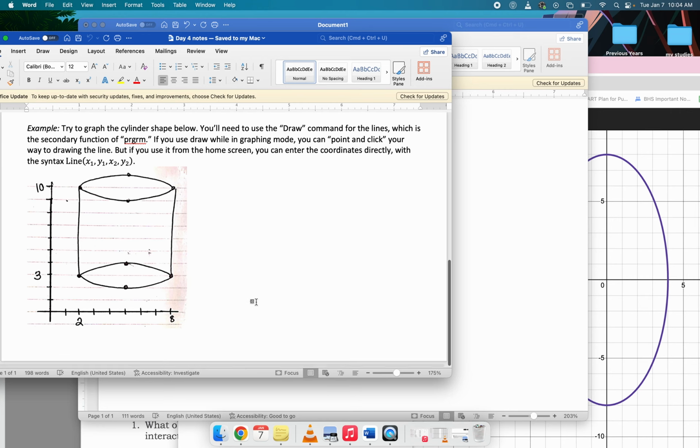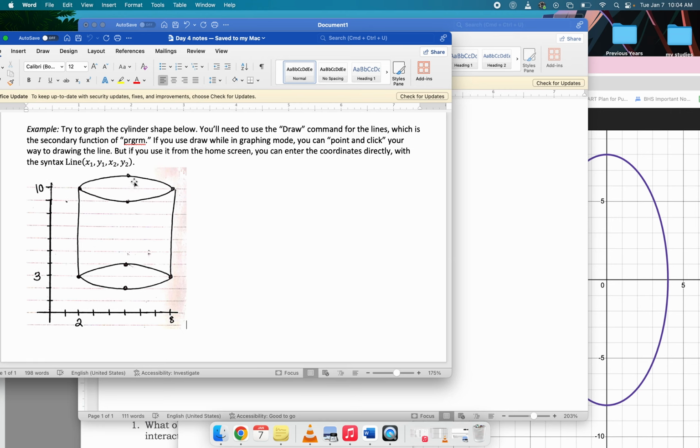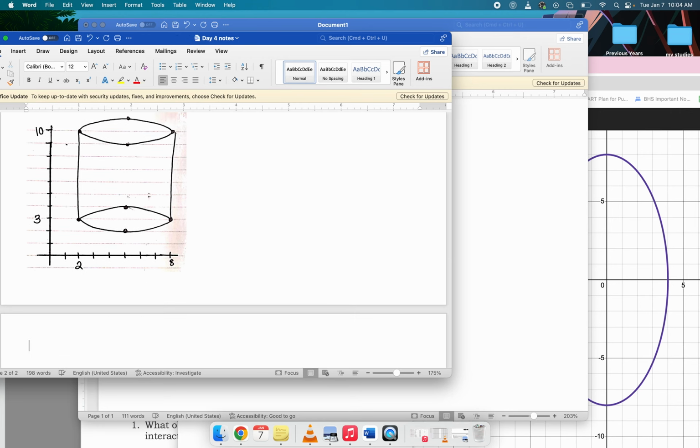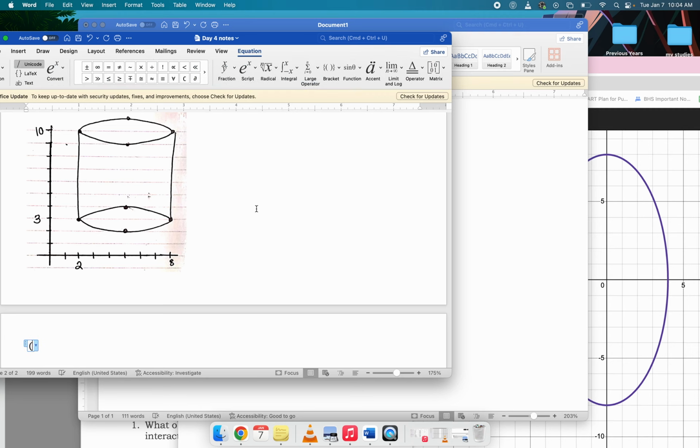That means that for this ellipse right here, my formula for the x-coordinates must be a function whose outputs go between 2 and 8.